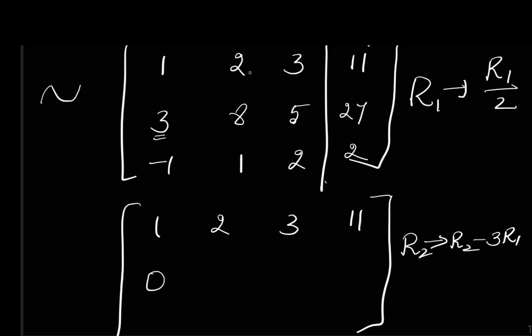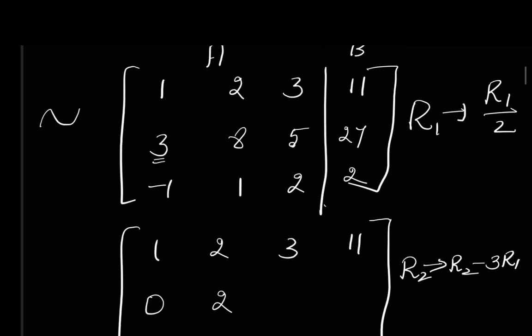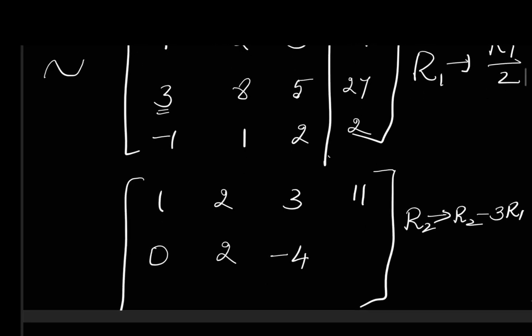That is R2 becomes R2 minus 3R1. First row as it is. In the second row: 3 minus 3 is 0, 8 minus 6 is 2, 5 minus 9 is minus 4, 27 minus 33 is minus 6. This is our second row.